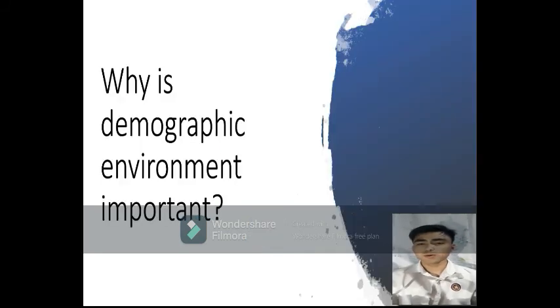Next is why the demographic environment is important. Demography is very important because it involves people, the people who make up markets. The population is growing at an explosive rate. This population explosion has been a major concern of governments and various groups, and also in any marketing environment, domestic or international.